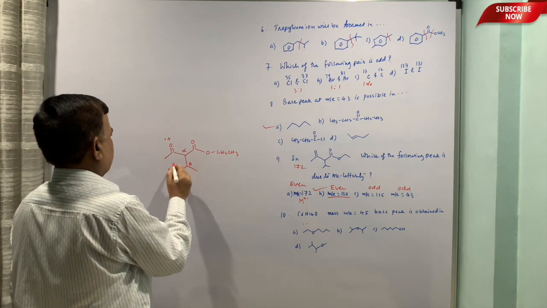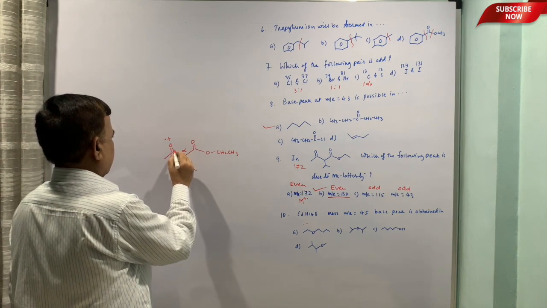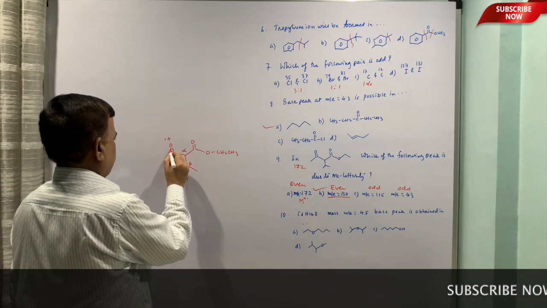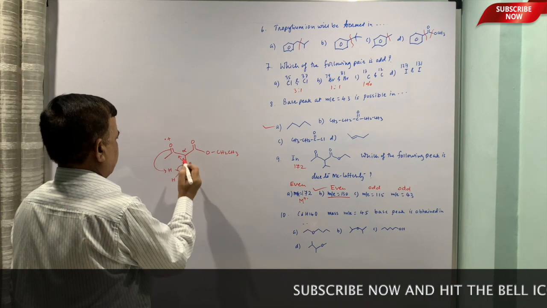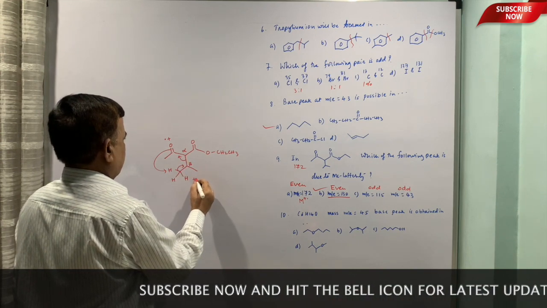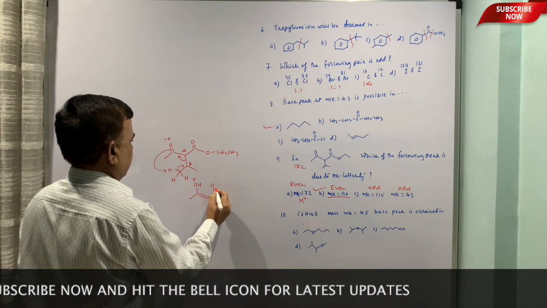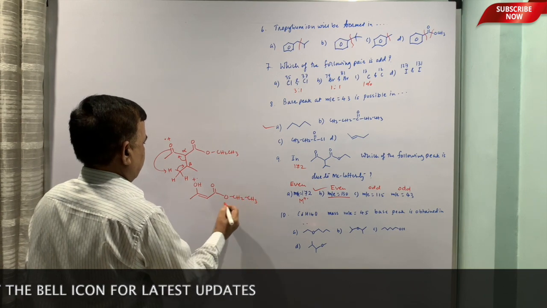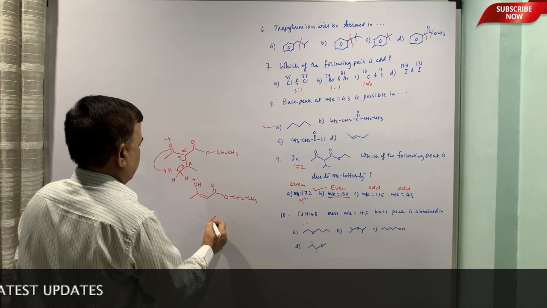And then simply you take the hydrogen from here. So, you can show OH, radical cation, double bond, CH2 CH3, and alongside you will be having the neutral fragment.